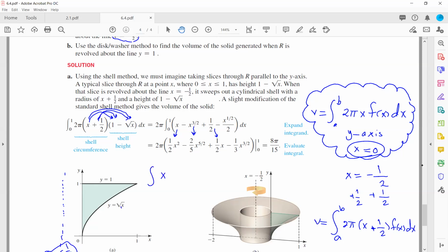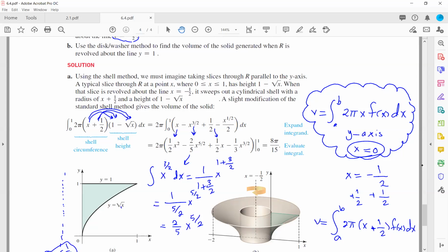The integral of x to 3 halves dx is 1 over 1 plus 3 halves, x to 1 plus 3 halves, which gives you 1 over 5 over 2 x raised to 5 over 2, which is 2 over 5 x to 5 over 2. This is coming from this integral.